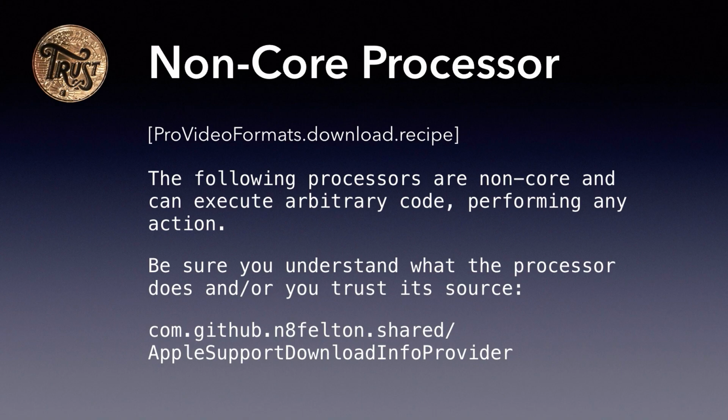Well, I leveraged what he was having downloaded, which was mostly updates to particular products, and I said, hey, I can use that. That works for the Pro Video Format stuff that I need for deploying Final Cut Pro and Logic Pro. And so this message is saying, do you trust Nate's code? Have you audited it?